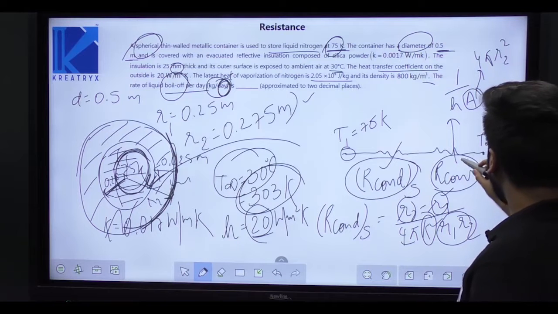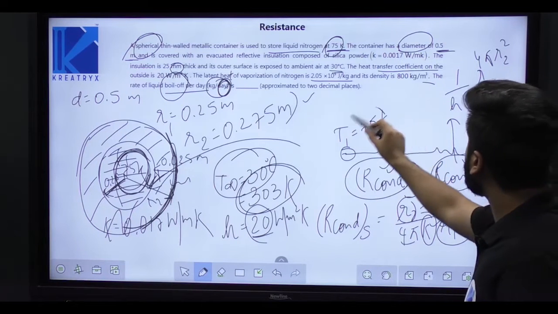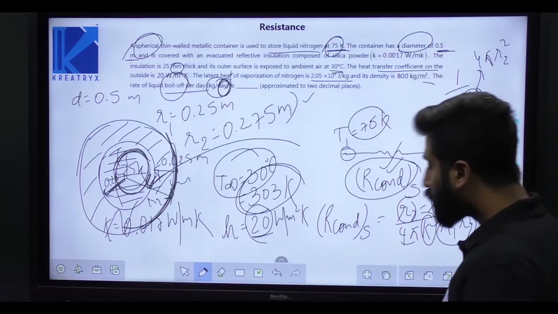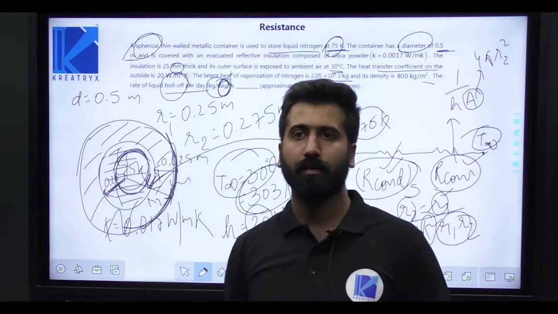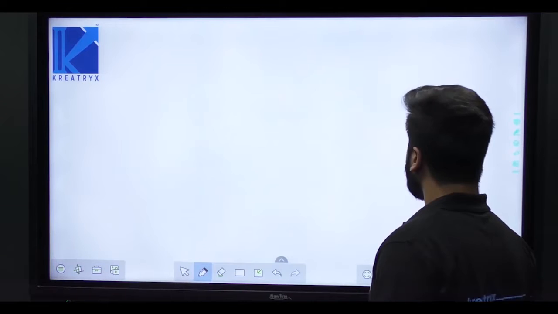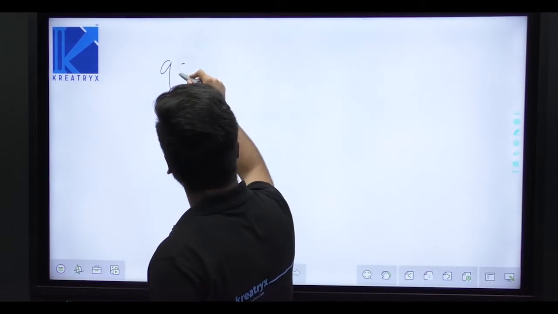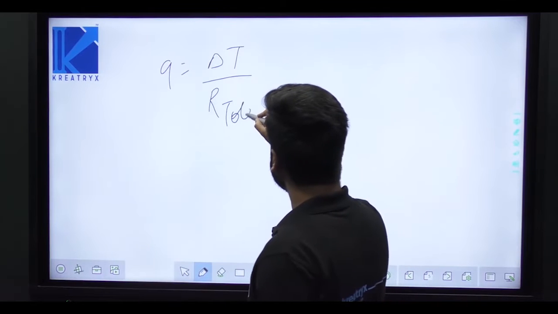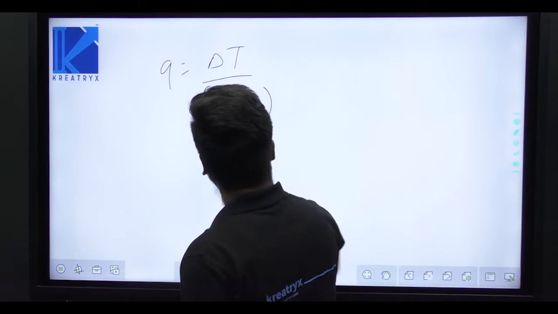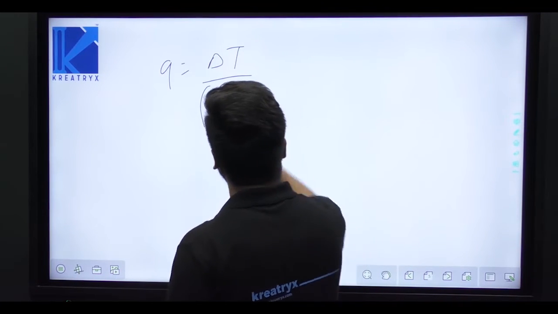Now you know the convective and conductive resistances, T1 and T infinity. What you can find is the heat transfer rate. So Q is equal to delta T upon the total resistance offered in the path of heat transfer.